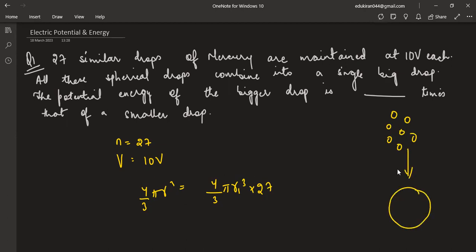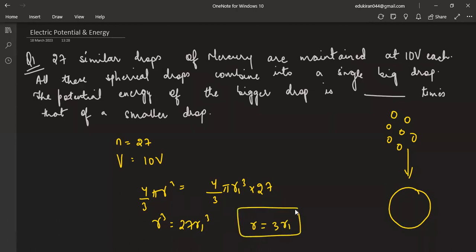So R cube will become 27 R1 cube, so R will become 3 times R1.